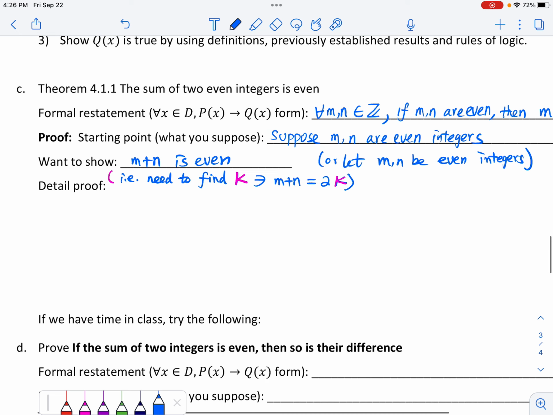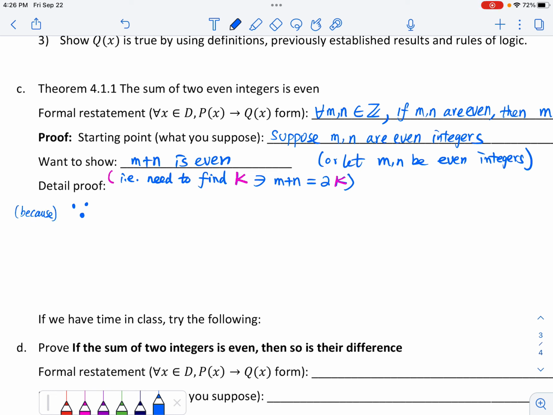So now here's the detail of the proof. We begin with, because you already supposed m and n are even integers, therefore I can say "because," three dots like that, that means because.